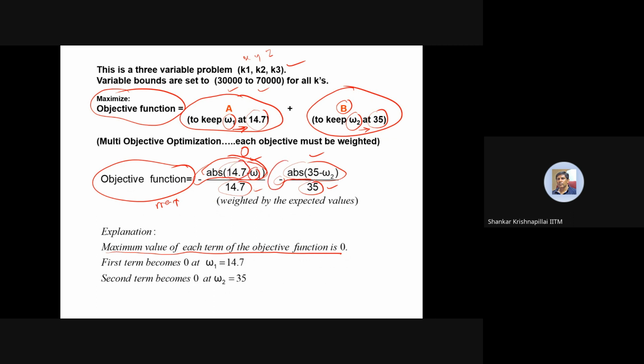And the minus of the absolute value of 35 minus omega 2 will reach a maximum value of 0 when omega 2 equals 35. For all other values of omega 2, this numerator will have a negative value.